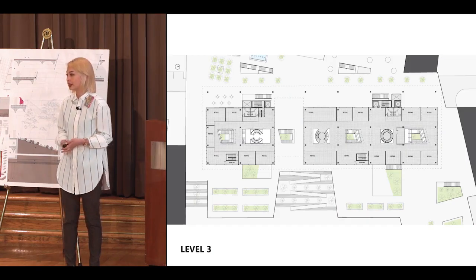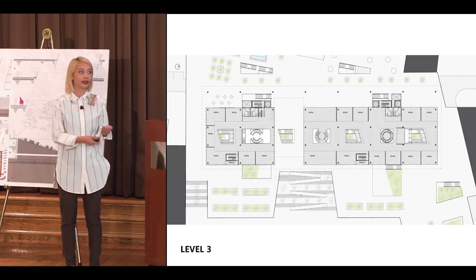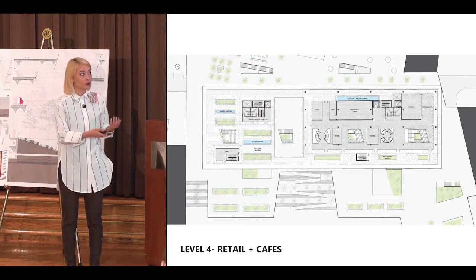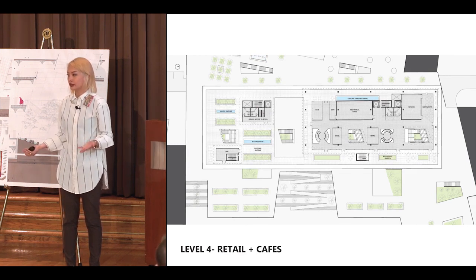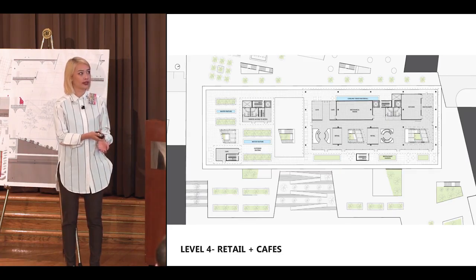It's a subway station. Maybe they don't want to wait in the underground in the platform, and they can wait and have a drink or something. And that continues to the roof, where there's a roof garden if people want to be outside, but not necessarily in a pedestrian traffic zone, and areas for gardens and restaurant spaces over here.